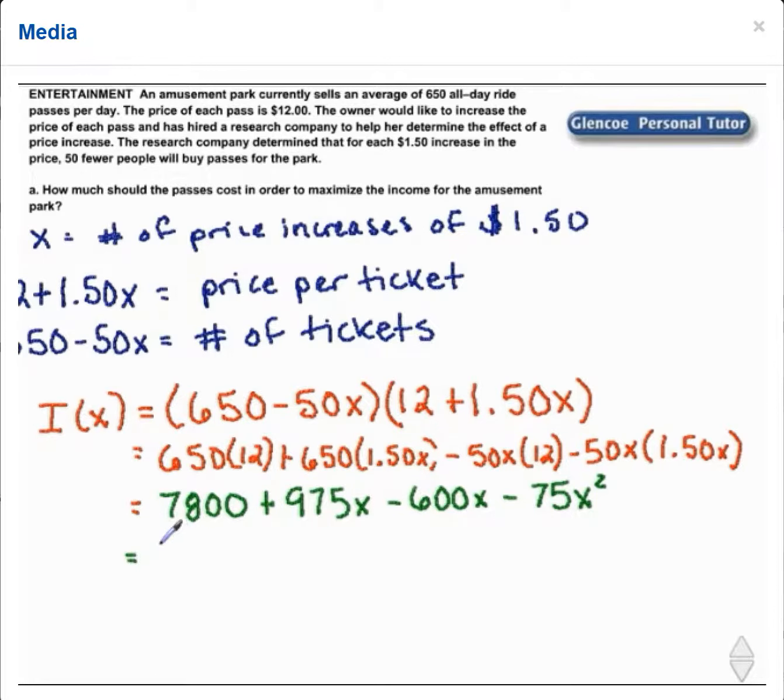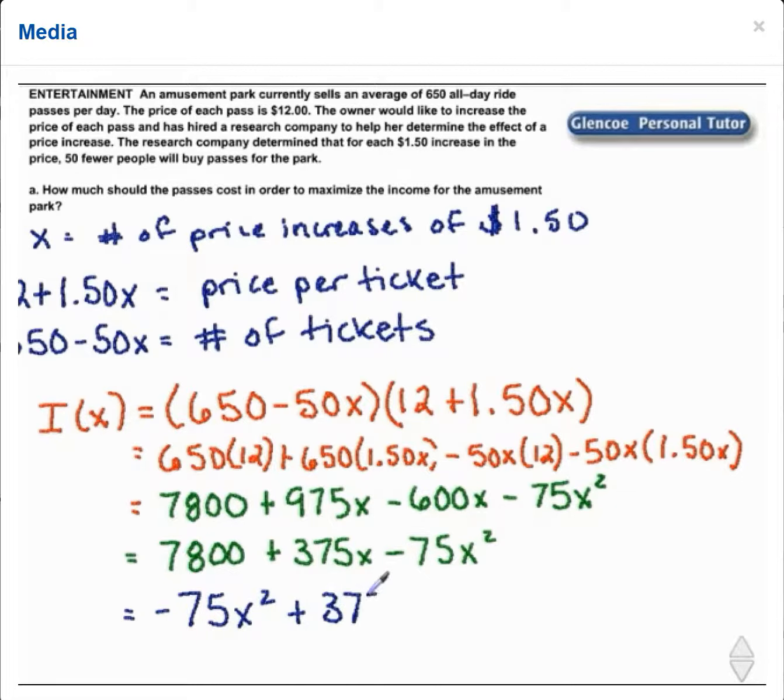Now we need to go ahead and combine like terms. So this will simplify to 7,800 plus 375x minus 75x squared. Now let's go ahead and rewrite this in ax squared plus bx plus c form. So this will be equal to negative 75x squared plus 375x plus 7,800.